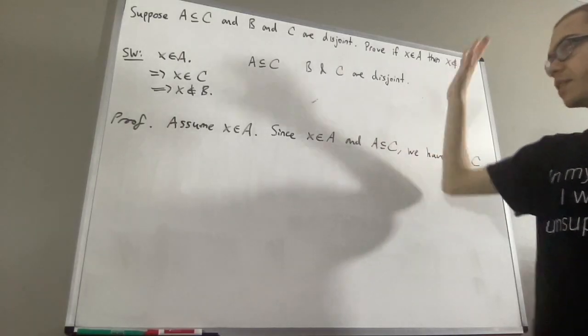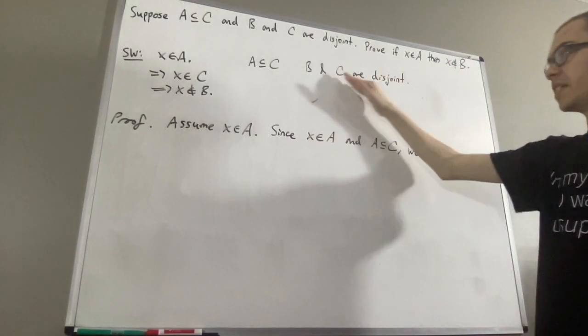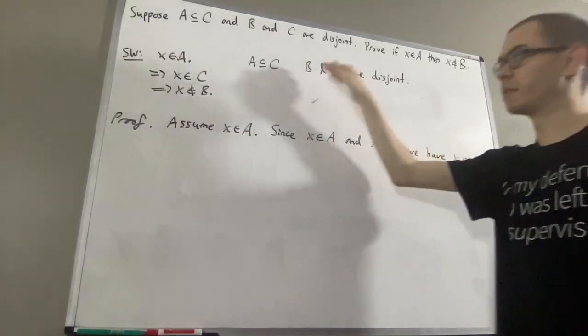So, since X is an element of C and B and C are disjoint, then X can't be an element of B.